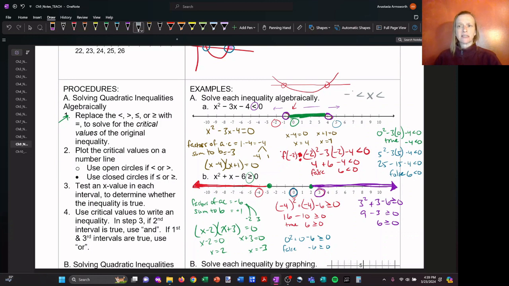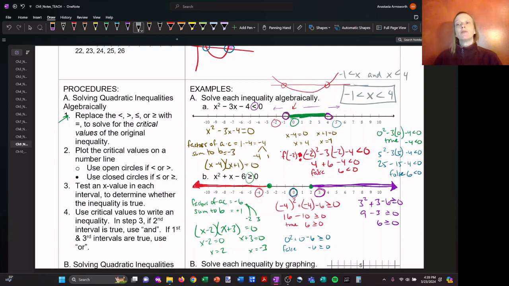In this example, x has got to be greater than -1, but less than 4. So x is between those numbers. This is how we express this inequality algebraically. This is a compound inequality. Both of these statements are true. Both x needs to be greater than -1 and x needs to be less than +4.